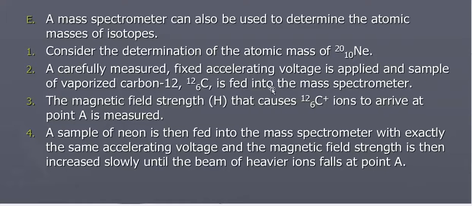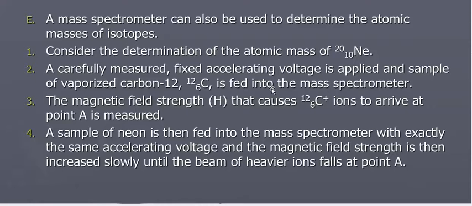A mass spectrometer can also be used to determine the atomic masses. So we can get the abundances from the readout. We can also determine the atomic masses of isotopes. So let's say, for example, I want to determine the atomic mass of neon 20. Well, first of all, I would apply a carefully measured fixed voltage to a sample of carbon-12, because carbon-12 is our reference isotope.